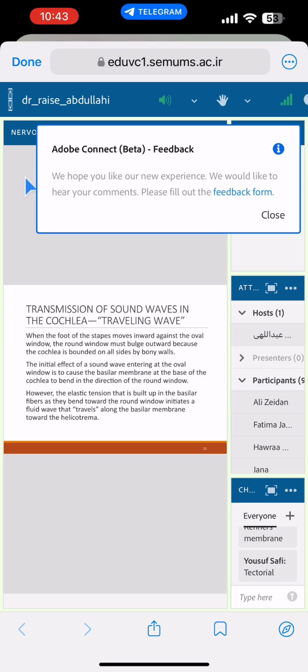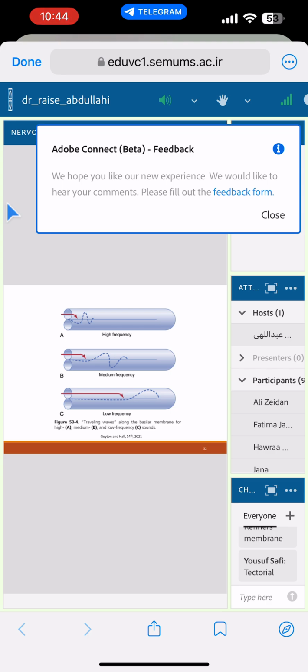The initial effect of a sound wave entering at the oval window is to cause the basilar membrane at the base of the cochlea to bend in the direction of the round window. However, the elastic tension that is built up in the basilar fibers as they bend toward the round window initiates a fluid wave that travels along the basilar membrane toward the helicotrema.